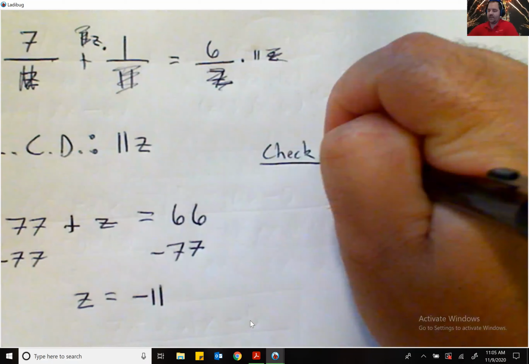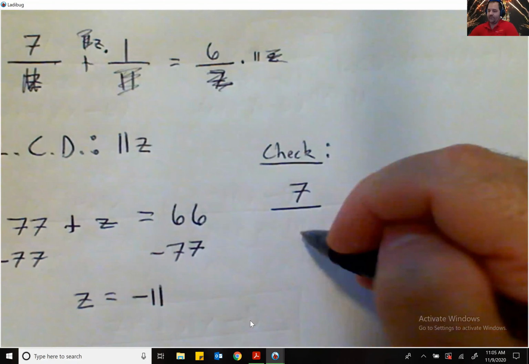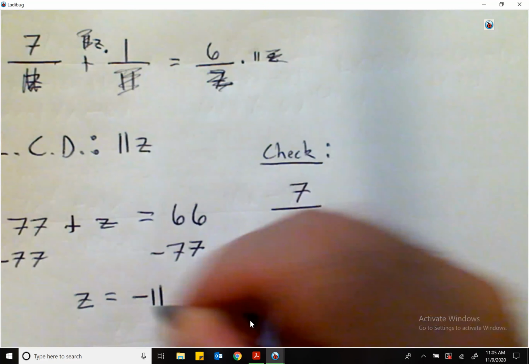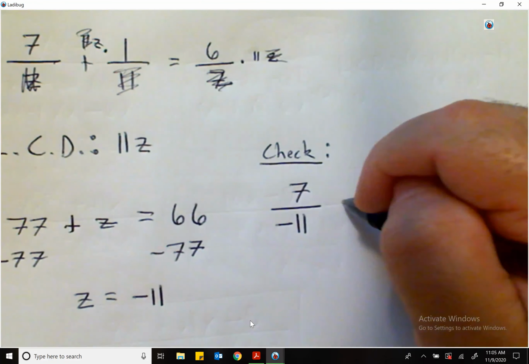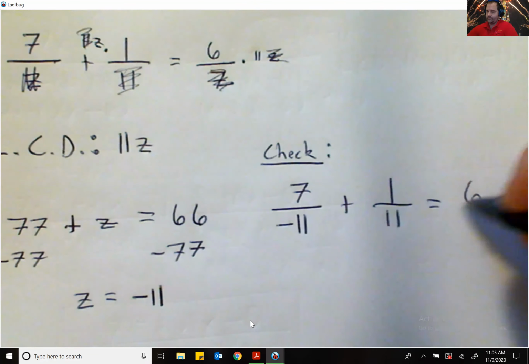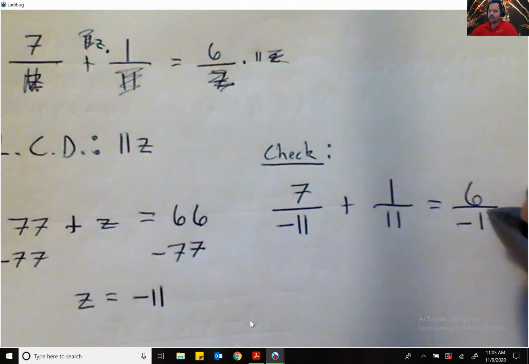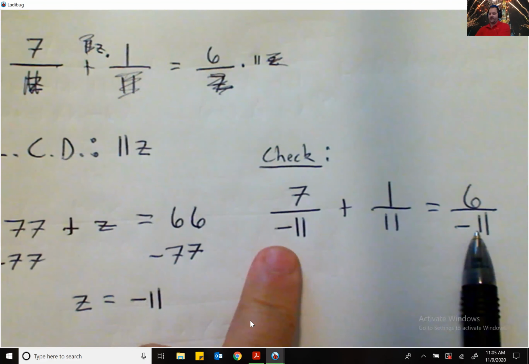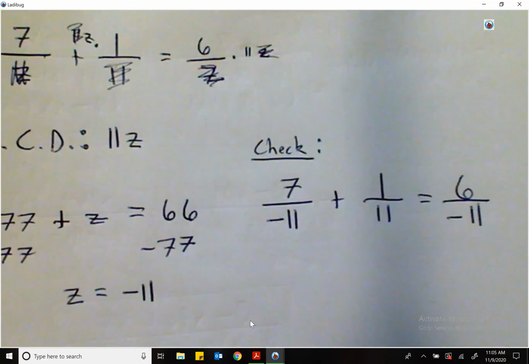So if I put negative 11 in for the Z that was under the 7, and in for the Z, the question is, is this okay? I replaced where the Z's were with negative 11.